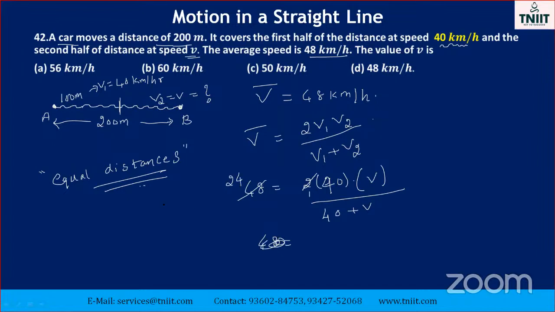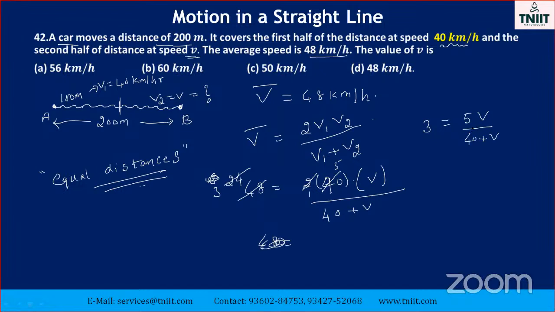Even you can cancel, 8 threes are 24, 8 fives are 40. So what is remaining? 3 is equal to 5 into V divided by 40 plus V.